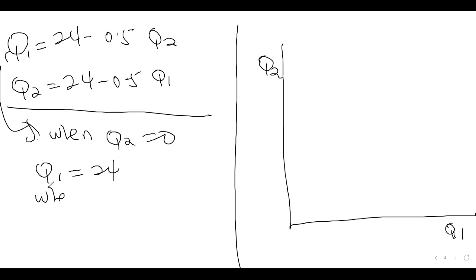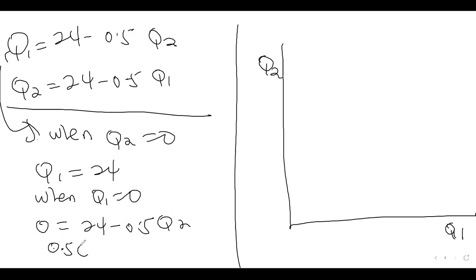And then when Q1 is equal to 0, we will have 0 is equal to 24 minus 0.5 Q2. So 0.5 Q2 is equal to 24. If you divide both sides by 0.5, we have Q2 equal to 48.